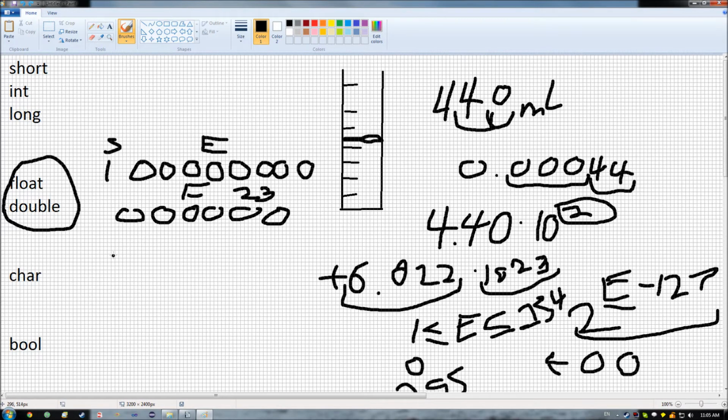Now, to take a closer look at the fraction, let's write out a fairly simple number in binary, so in scientific notation. We'll just go with something like 1.01011 times 2 to the 3. So what that'll do is it'll just say, okay, we need to move this over 3 spots to there for its new location.